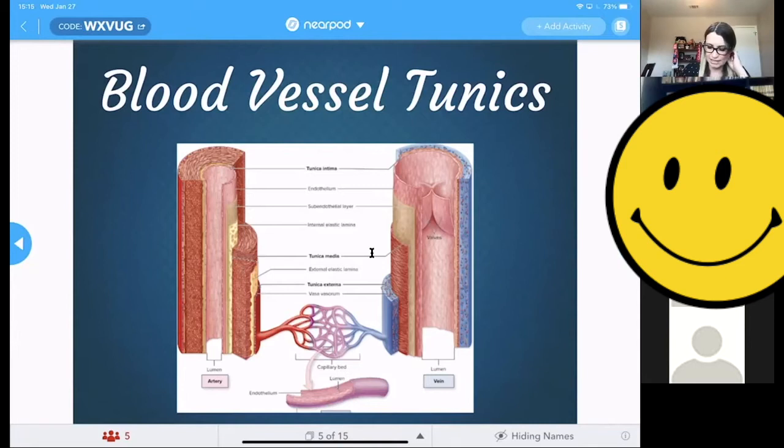Tunica externa contains what we call vasa vasorum. So as you see underneath the term tunica externa, you see vasa vasorum. Vasa vasorum is not a layer. Vasa vasorum is the little blood vessels that are found in the tunica externa. So you can see the little blue and red dots in that tunica externa. Those are little tiny blood vessels.